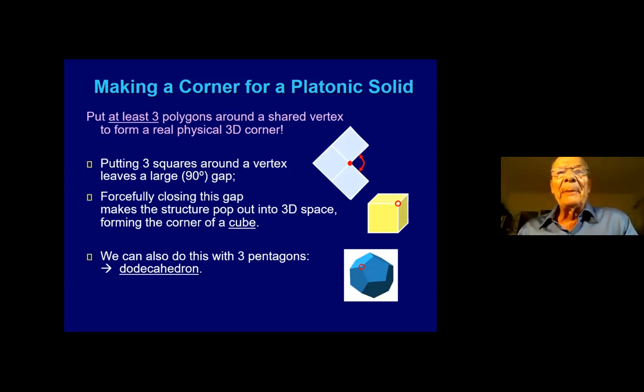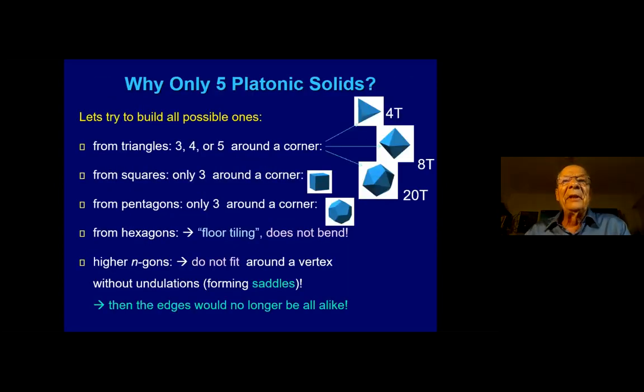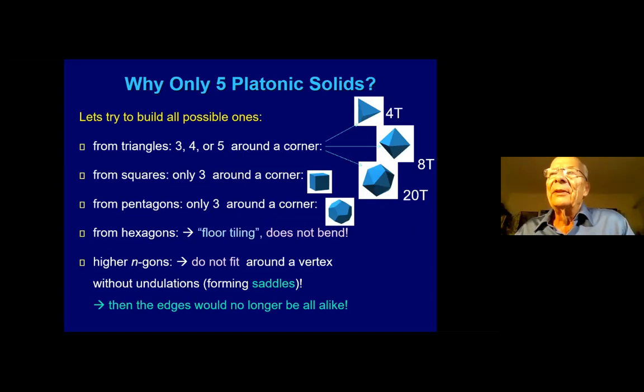We can also use 3 pentagons as shown at the bottom, and the result will be the dodecahedron. Now we can figure out why there are only 5 Platonic solids. When we use triangles for the surface facets, we have a choice. We can use 3 or 4 or 5 around a point.